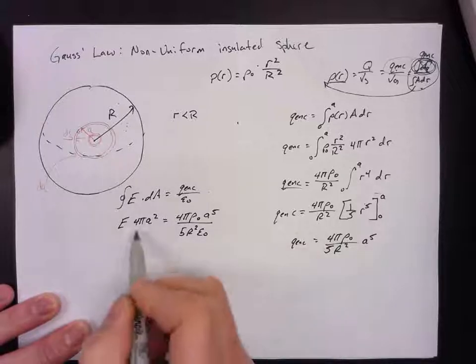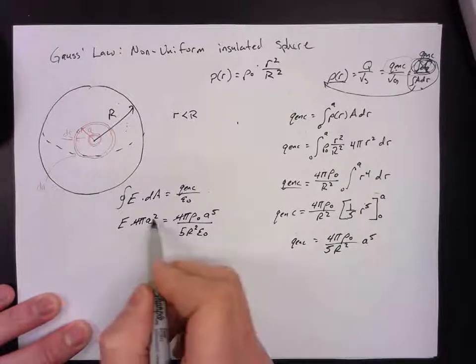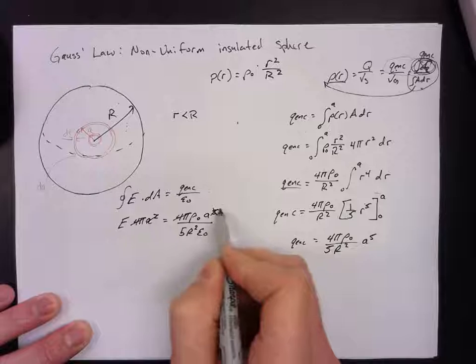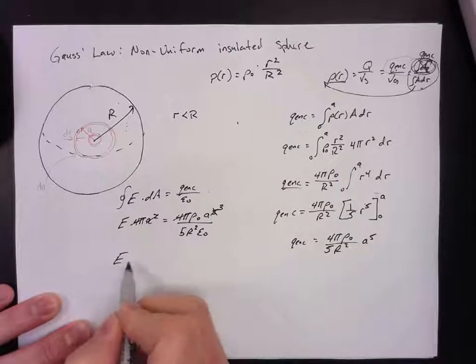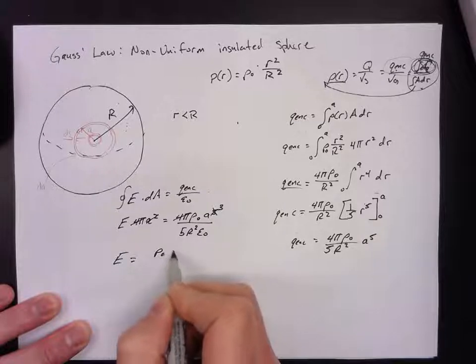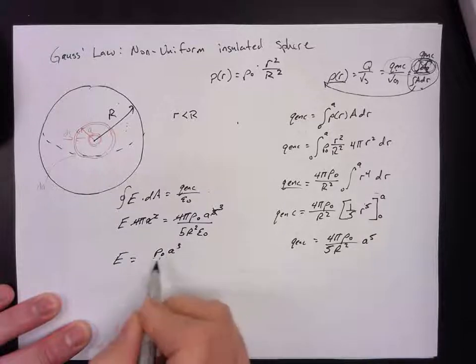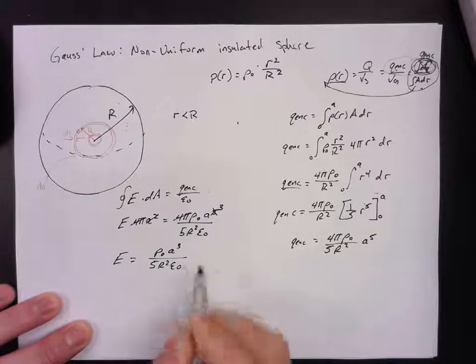All right, we can see some things canceling here. The 4 pi, 2 of those a's over here. So that E is equal to rho naught a to the 3rd over 5 R squared epsilon naught.